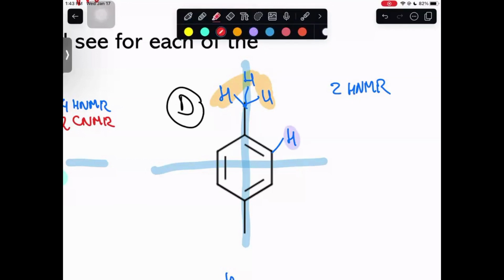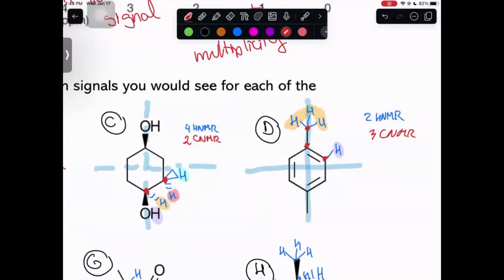Just 2 hydrogens. Now, what about CNMR? It's gonna be 3 CNMR signals. We have 1, 2, and 3. And again, I'm only looking at one portion of the whole molecule because of symmetry. Okay. So far, questions? We're good?